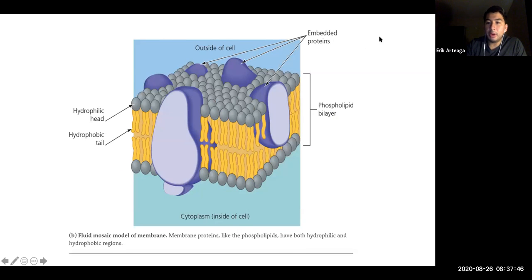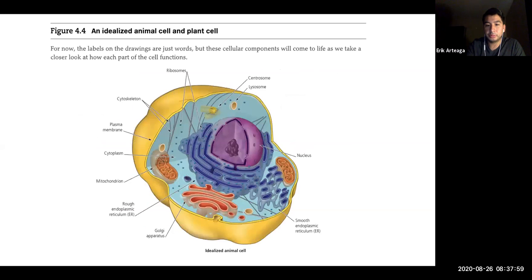So here we have a more complex image showing the phospholipid bilayer. And remember, this is going to be that structure here, right? This is going to be that plasma membrane shown here. This is the phospholipid bilayer that's going to be surrounding that cell, okay?